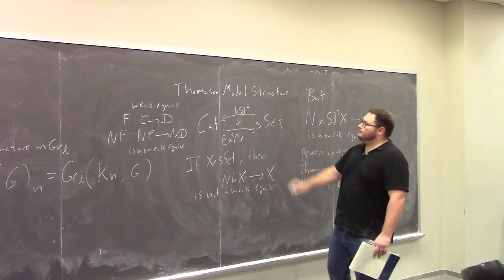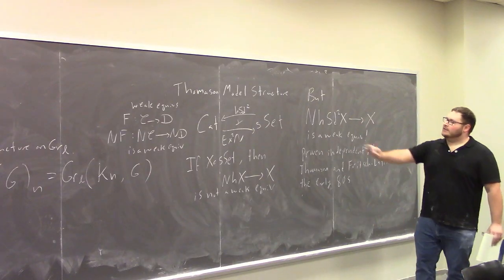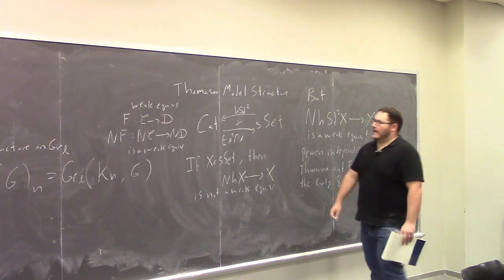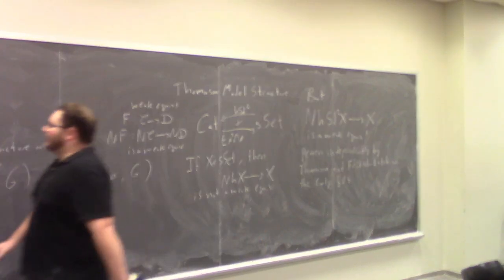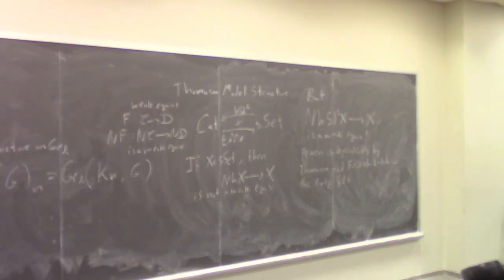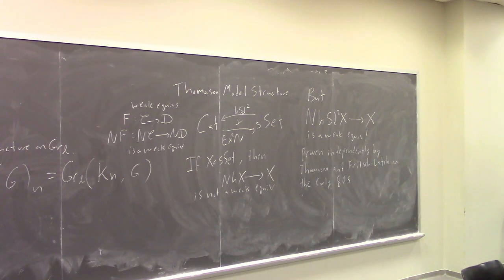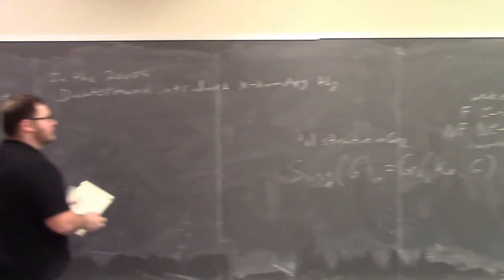Okay, so Thomason did this in the early 80s, and he constructed a model structure on categories called the Thomason model structure. Okay? Now the Thomason model structure is kind of funny. He had another model structure on that. What's that? I'm not sure that's due to Thomason, though. Yeah, folklore.